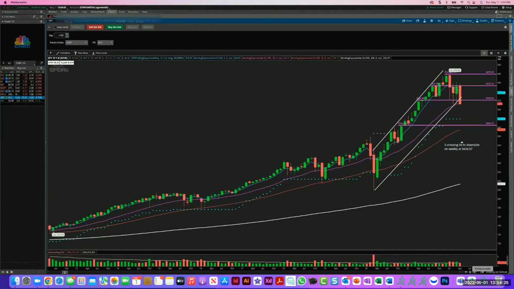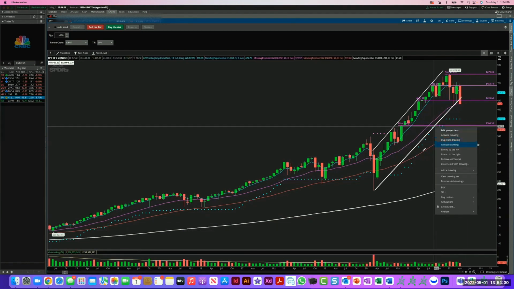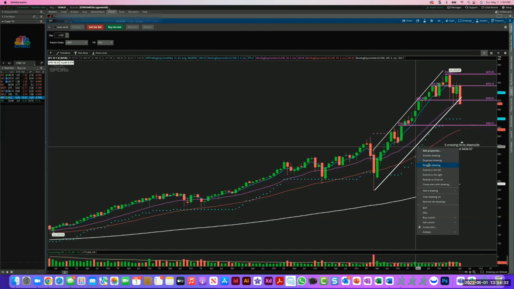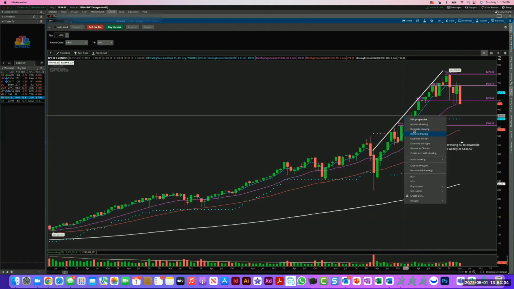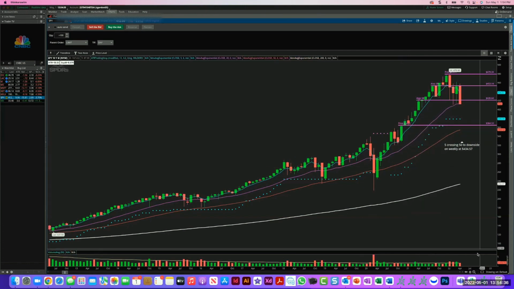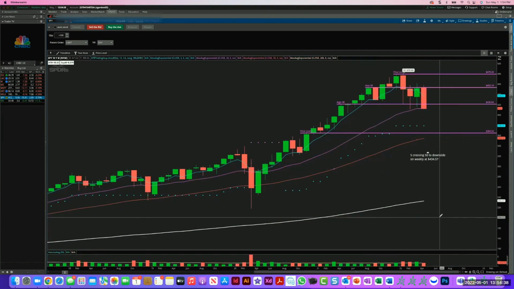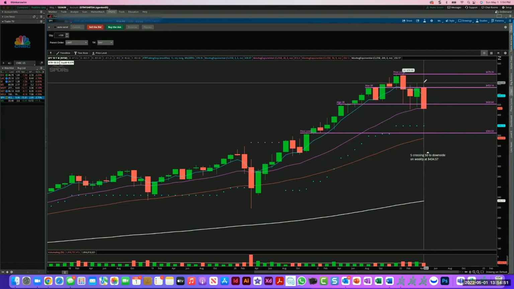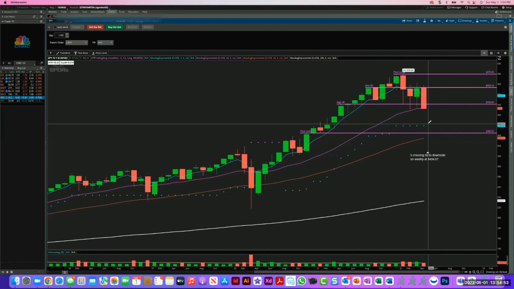All right, so with SPY, get rid of our channel. So with SPY, what we have is clearly a bearish signal, I think, given that this is almost a bearish engulfing, not exactly, but pretty doggone close.